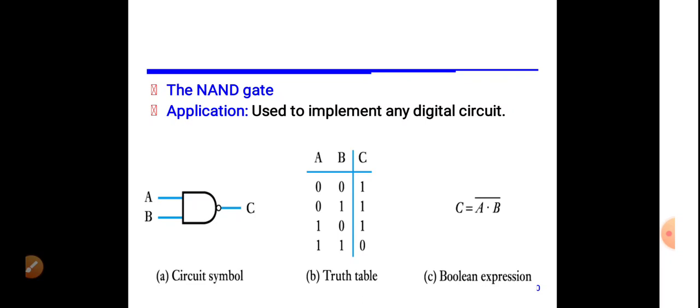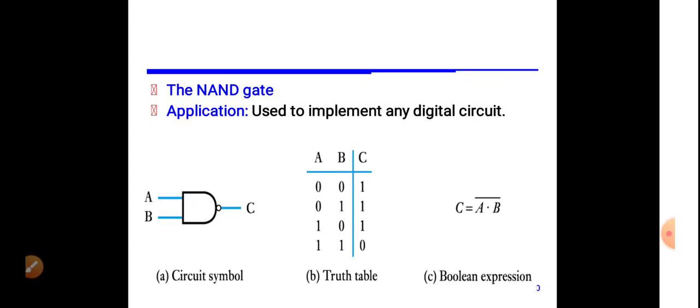We can even draw the NOT gate as just a bubble; both are one and the same. So the NAND gate is AND followed by NOT. The inputs for this gate are A and B and the output is C. The AND is A dot B, NOT is complement, so A dot B whole complement is the logical expression for the NAND gate.